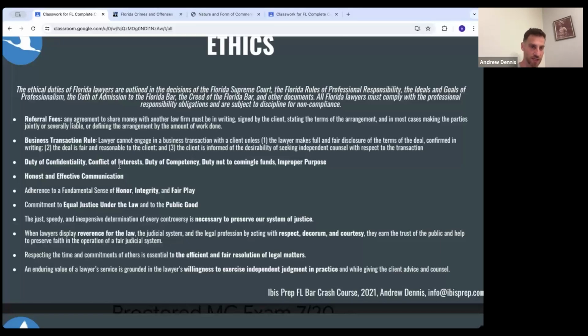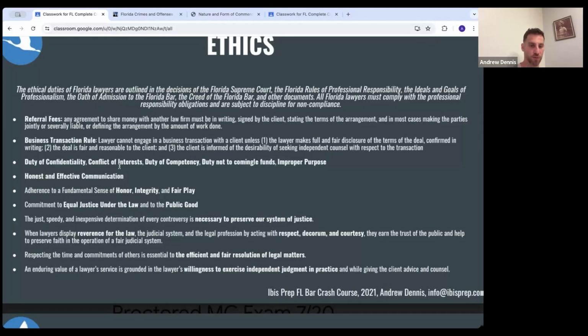Honest and effective communication, adherence to a fundamental sense of honor, integrity, and fair play, commitment to equal justice under the law and the public good, commitment to the just, speedy, and inexpensive determination of every controversy, which is necessary to preserve our system of justice. So no frivolous claims.